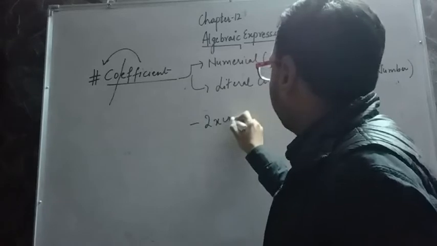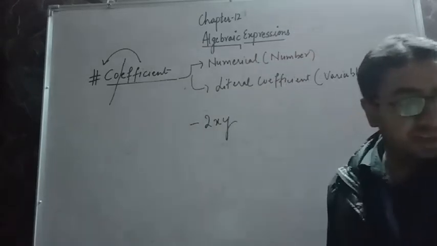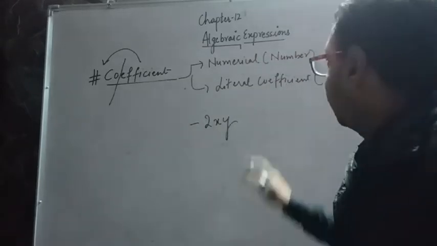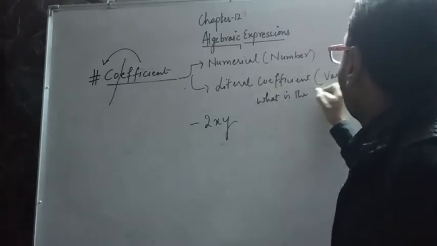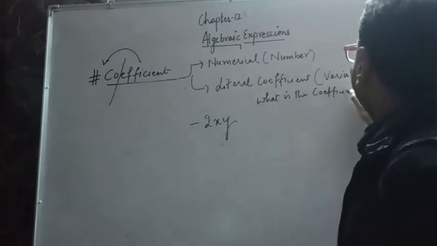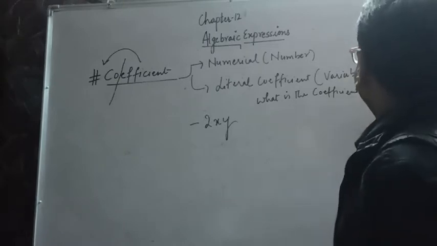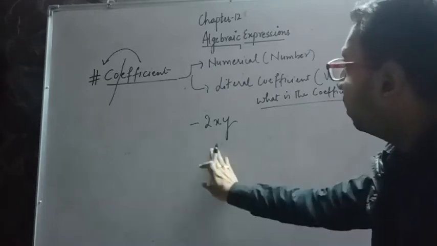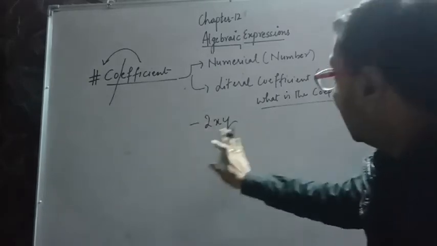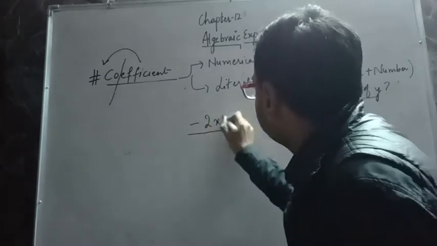Minus 2xy. I have an algebraic expression minus 2xy. If I ask you, what is the coefficient of y? You might be thinking, sir told us the number before. Leave y, whatever is left, that is the coefficient.